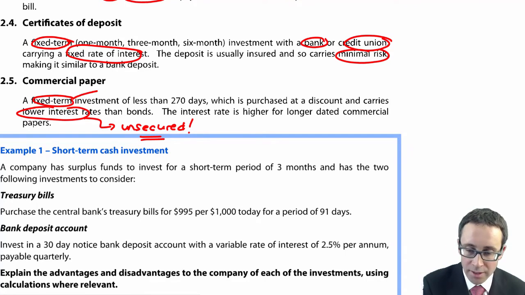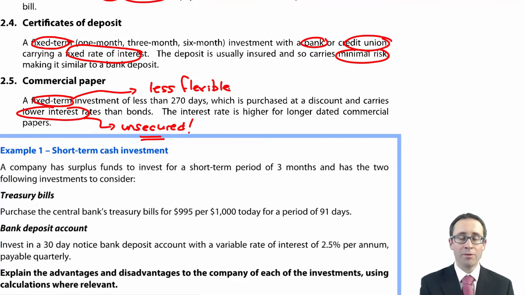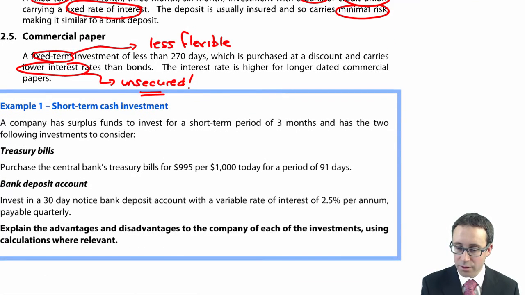And the key bit that you've got there is because it is fixed term, it is a little bit less flexible than the others. Again, if you're looking to use commercial paper, there do tend to be minimum deposits that you have to make. Okay, and they can be quite large, stretching into thousands. Again, key bit is that it's an agreement with you and the company. So again, hopefully it's a large company that would issue it that is very credit worthy, that reduces the level of risk. Okay, excellent.